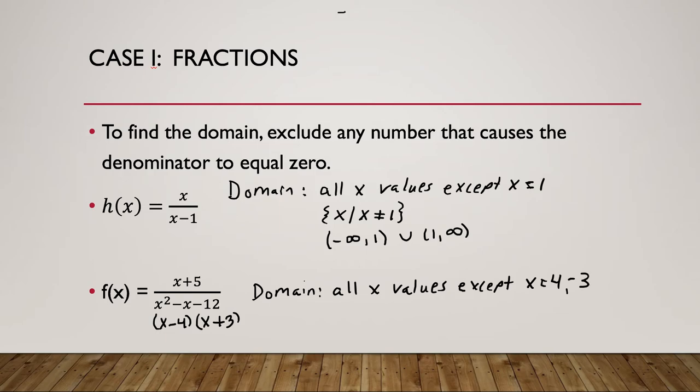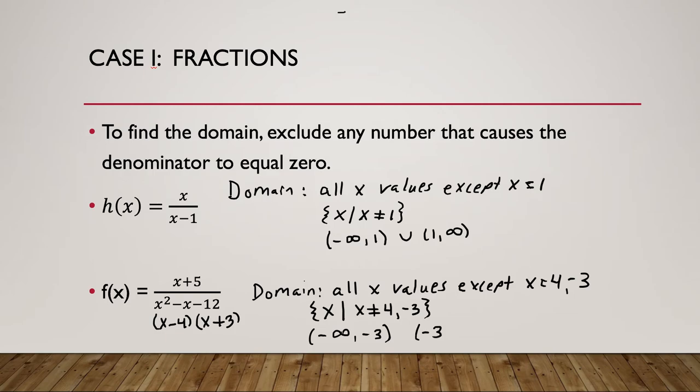Again, if you'd rather write it in set notation, you're going to do a bracket and you're going to say all x such that x does not equal 4 and x does not equal negative 3. Or if you want to write intervals, it'll take 3 intervals this time. We're going to go negative infinity to negative 3.